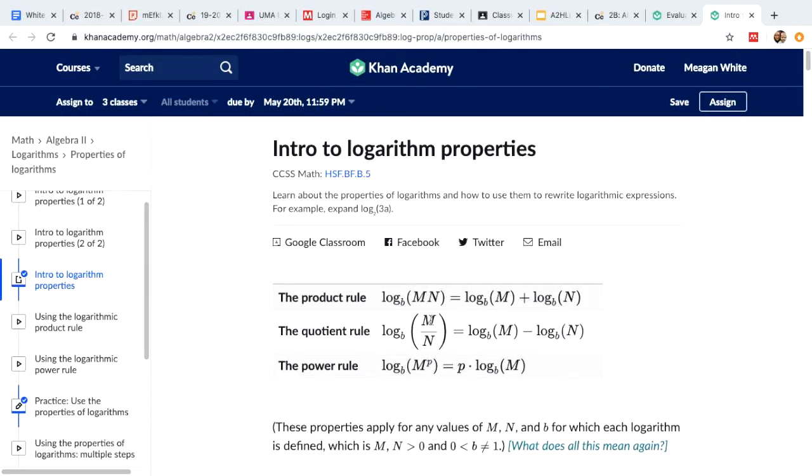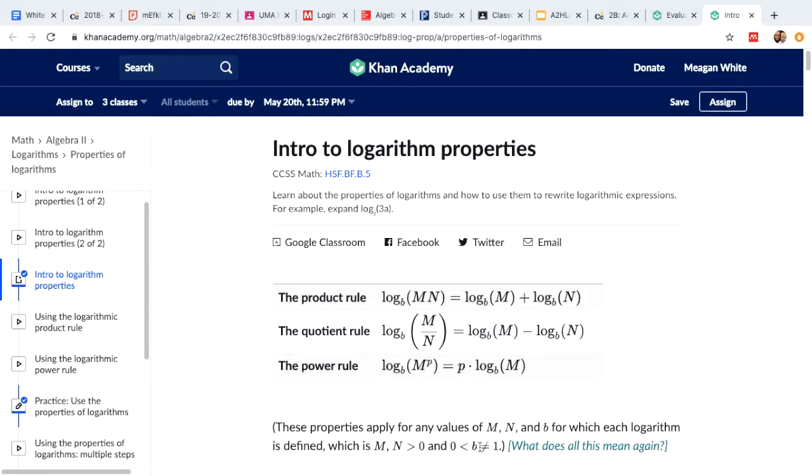Similarly, our quotient rule has log of m divided by n, which is the same thing as log m minus log n, remembering they have to have the log base b attached to each of them. And then lastly, our power rule has that exponent attached to your of piece as a coefficient in front of just that log. Like before, your b has to be greater than 0, but not equal to 1.